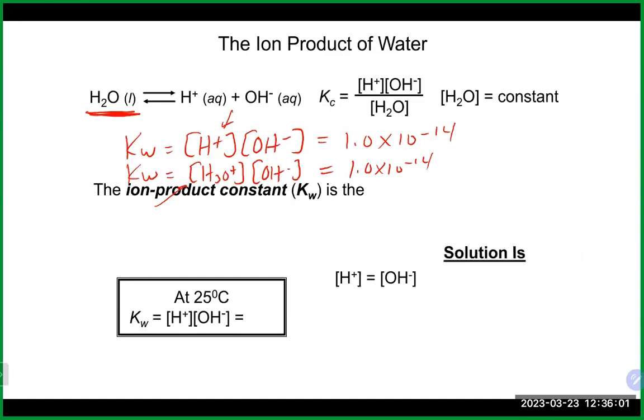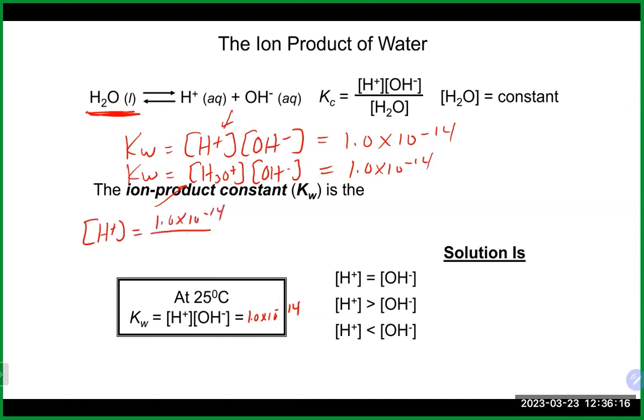In this case, once again, it is 1 times 10 to the minus 14. We could rearrange this and solve for H plus. It would equal 1 times 10 to the minus 14 divided by the concentration of OH minus.